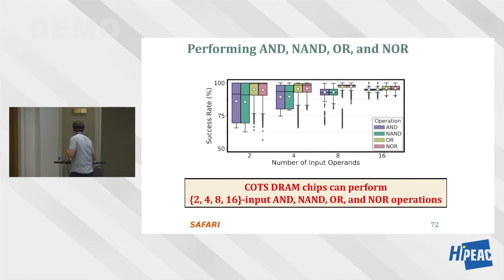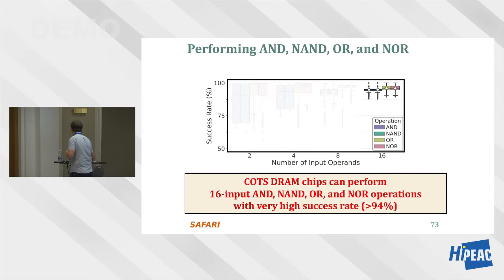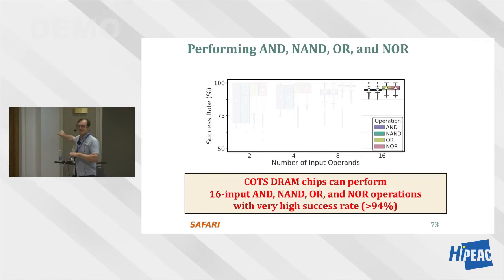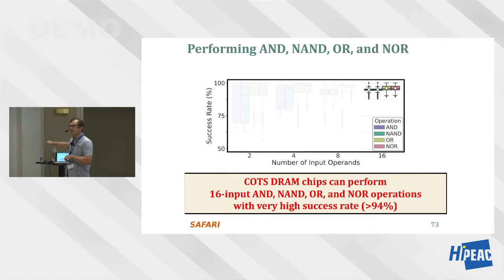And you can see that the success rate is usually quite high, even though DRAM chips are not designed to do this, right? When you buy DRAM, nobody tells you, oh, you can do computation in it. You can do read and write. You're not even supposed to violate the timing parameters, right? We're doing something that you're not supposed to do. But our goal is to show that these DRAM chips, even though they're not designed with this in mind, not optimized for this purpose, they're capable of doing these operations that are really envisioned based on theory.